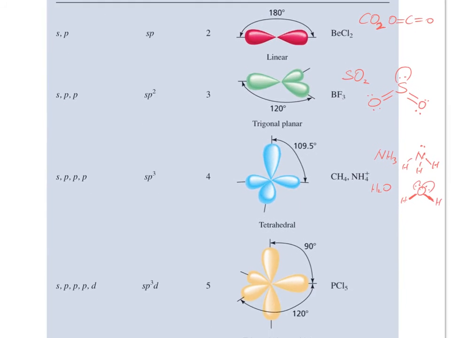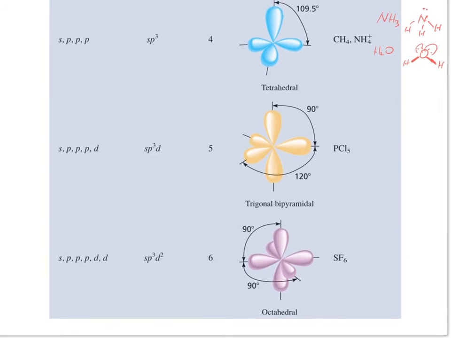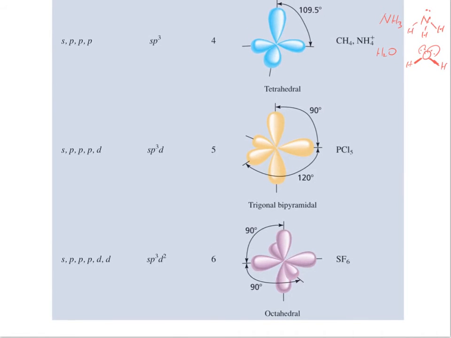And then, if we move on, let's look at the remaining two cases. Imagine that for a given molecule, if you have 5 pairs, that means the number of bonds plus the number of lone pairs equals 5, the arrangement of pairs will be trigonal bipyramidal, and this will lead to the sp3d hybridization state of the central atom.